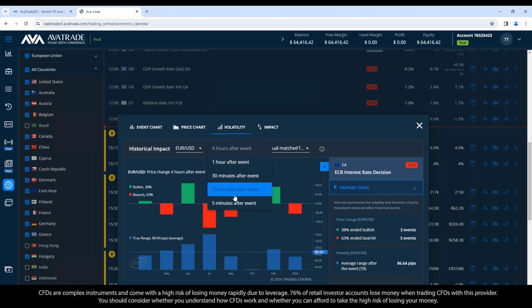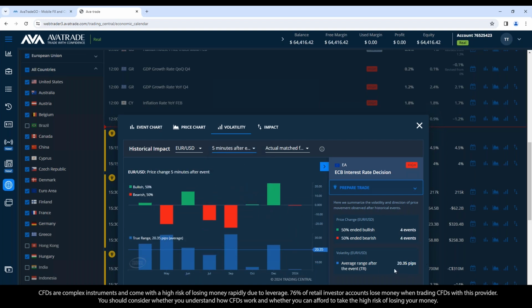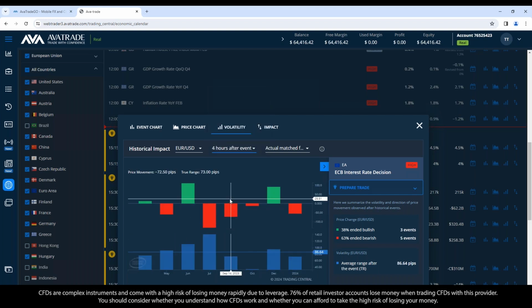In the first, let's say 5 minutes, we're looking at only about 20 pips movement with 50-50 directionality. So half the time it even went up in the first 5 minutes. But after 4 hours, 63% of the time, they came back down, okay?